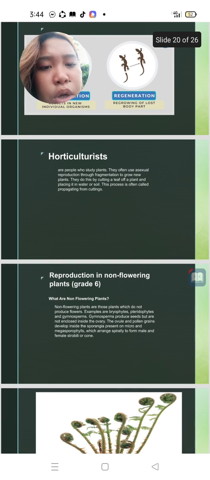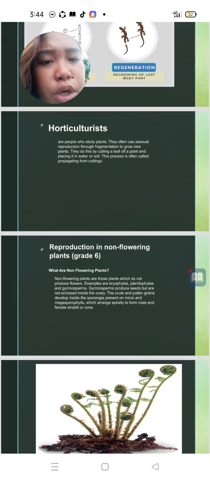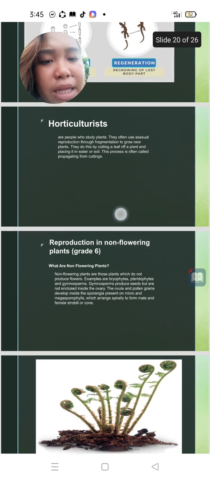So next is horticulturist. What is a horticulturist? Horticulturists are people who study plants. They often use asexual reproduction through fragmentation to grow new plants.